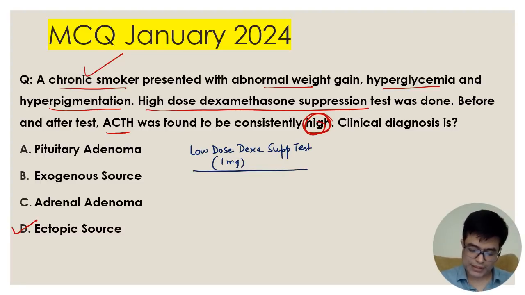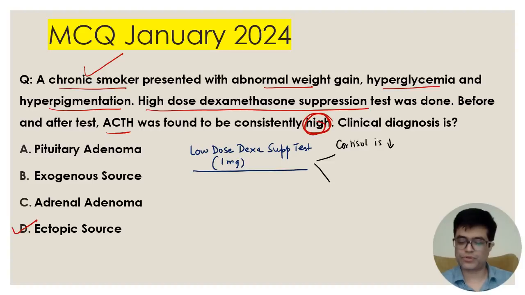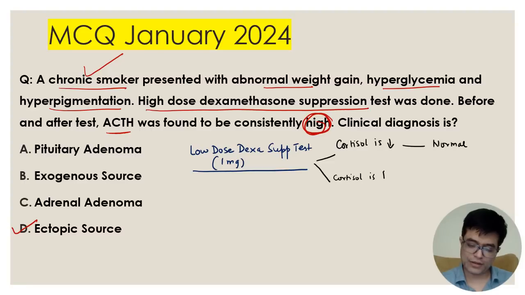When you do this test, there are two possibilities. If cortisol is suppressed, cortisol gets reduced, that is considered to be a normal patient. But if cortisol fails to get suppressed, cortisol is still increased, you will suspect the patient is having Cushing syndrome.